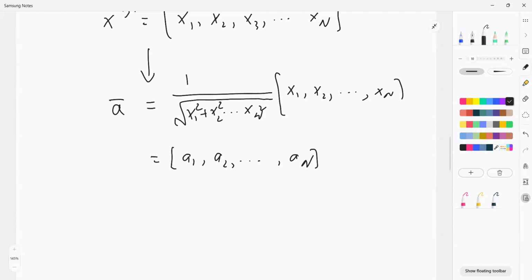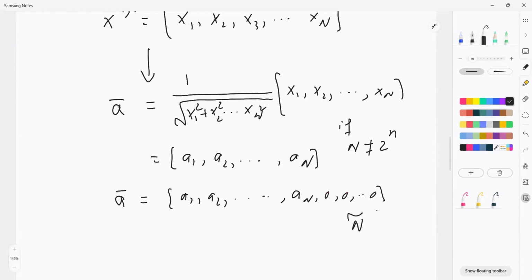And if n is not some 2 power n, then we might have to extend this A vector by including zeros. It's called zero padding, so that whatever this new n is, this is equal to 2 power n.